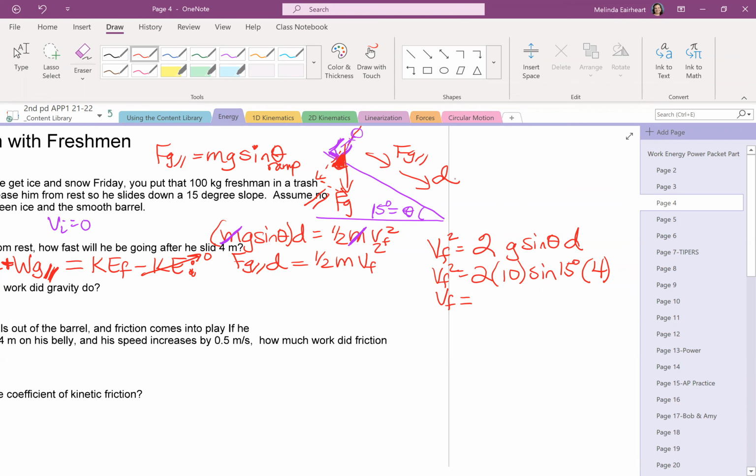So if I can't figure that out nicely, use the component of the gravitational force that is parallel to the distance traveled. And what do we get? Anyone got an answer yet? 4.55 meters per second. That's our answer to A.